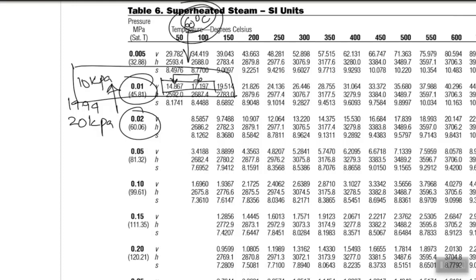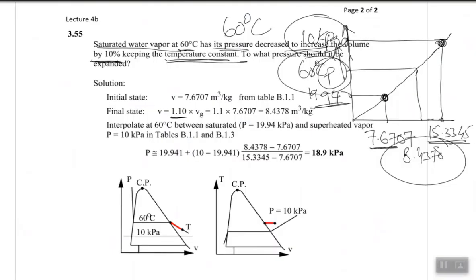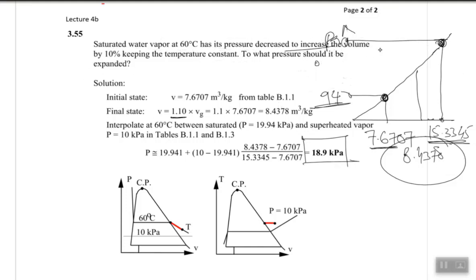Once you find the volume, which is 15 point something, you have to put it in this, and then find the pressure, which is equal to 18.9 kilopascal. I hope you understand. Let's have a little practice, and if you still have a problem, then obviously we will discuss it.